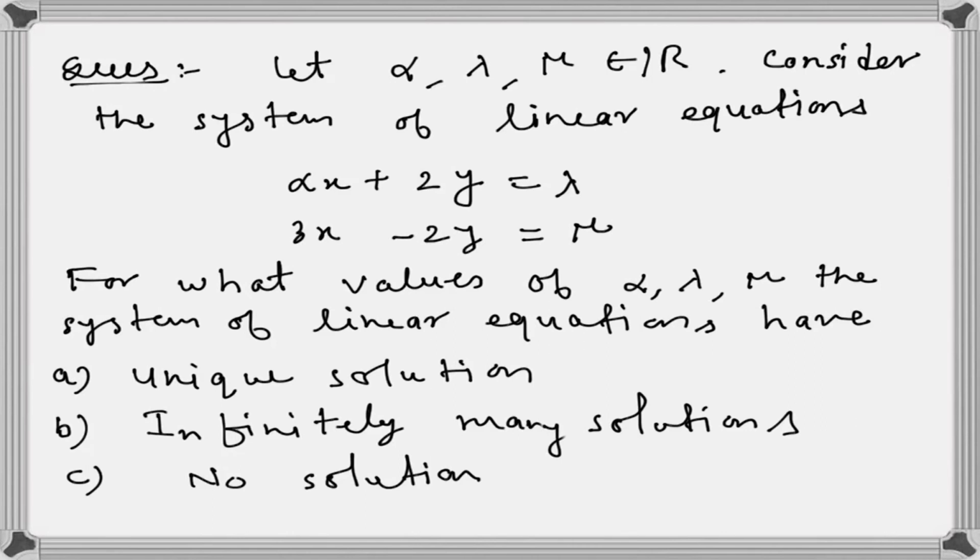So we need to derive a condition on alpha, lambda, mu, for which we can say when it will have a unique solution, when it will have infinitely many solutions, and when it has no solution. Okay, so let's solve this problem.